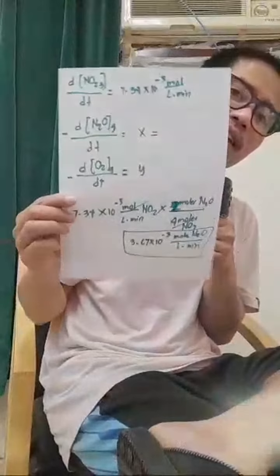Remember, the reactant will be reduced and will decrease somewhere along the way. So this is the rate of disappearance. So automatically this is negative 7.34 times 10 to the negative 3 moles per liter minute of N2O. We solved already the X.